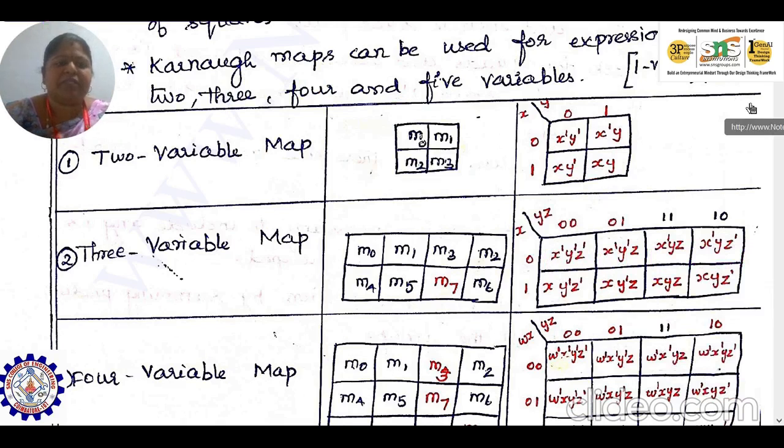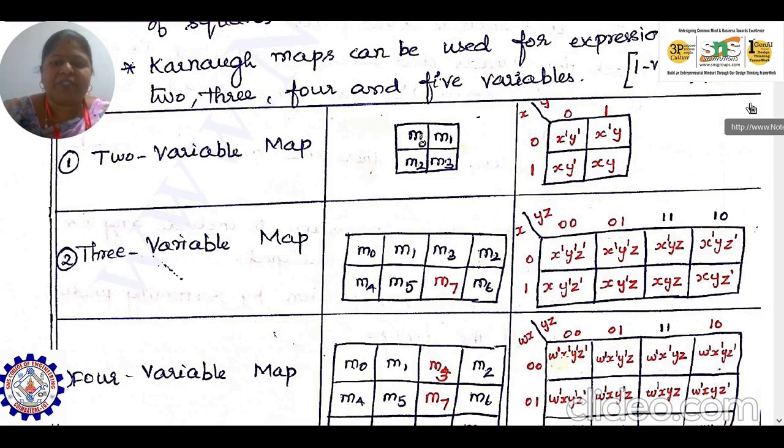As we see here, the 2 variable map is represented with m0, m1 and m2, m3 square boxes, and the values which will be placed here in the place of m0, m1, m2 are known as min terms.